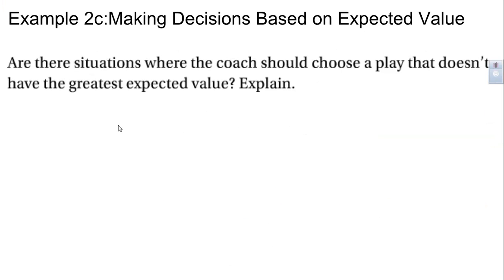So the last question here: are there situations where the coach should choose a play that doesn't have the greatest expected value? So what might that be? Well, let's say you're at the end of a game and you're down by more than 3 points. Even though the return on points is greater for kicking the field goal, the TD is going to win you the game.